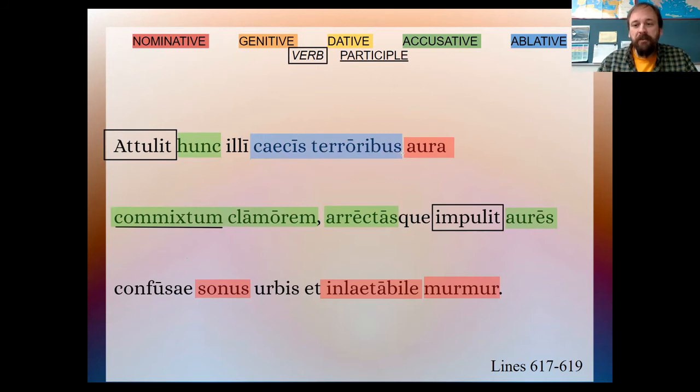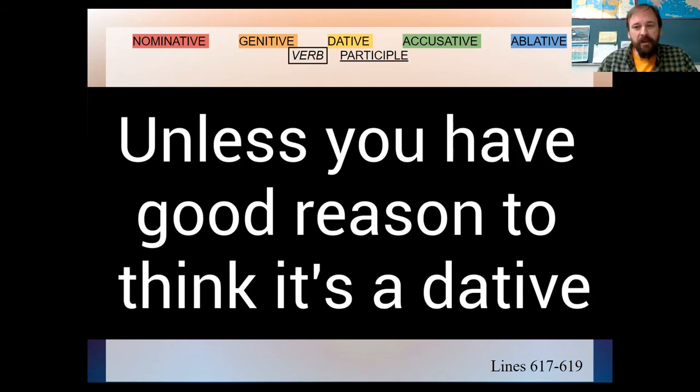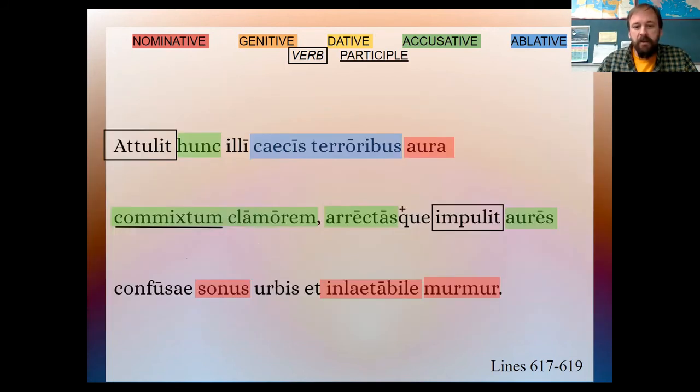But when you have an option between a dative and an ablative, it's a pretty safe bet to go with an ablative. Confusae and urbis? Nope. Next. Let's do genitive next. This could be dative or genitive. Orbis, that's definitely a genitive. Actually, these 2 go together. And we have 1 left.